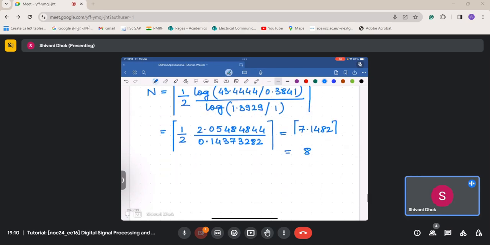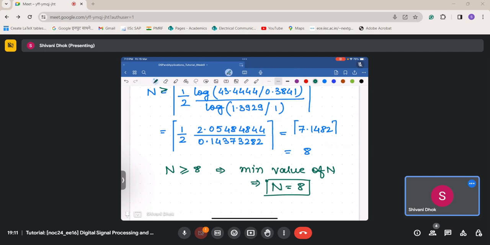So n is greater than or equal to 8, and if we take the minimum value, then n will be equal to 8. Any questions here? Is this clear?